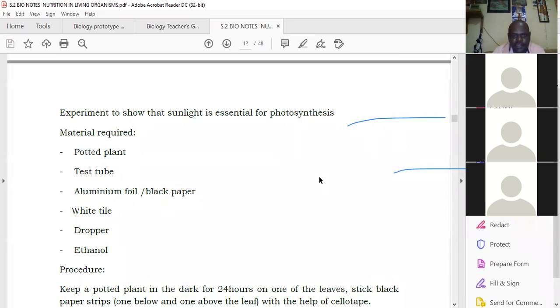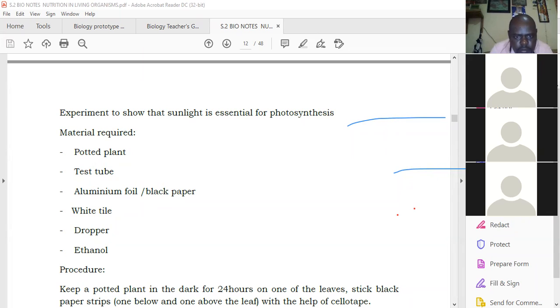And the first question, let me repeat the question. What is the role of potassium hydroxide in this experiment?